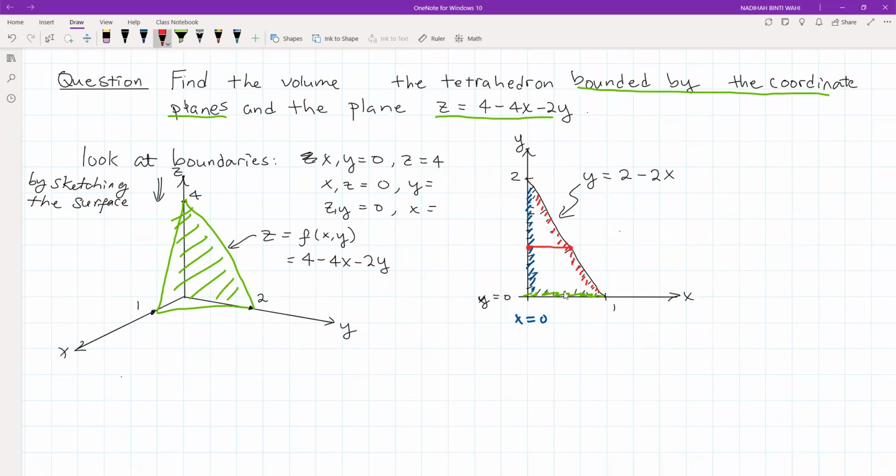Or maybe if I want to change my orientation, I can also pick this point and go along the y direction. I can also end up on the same line for any point. Okay, so which one is easier? Since we have the boundaries, type 1 I think is easier because we have y equals 0 and then y equals 2 minus 2x.